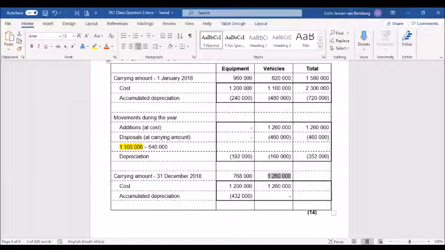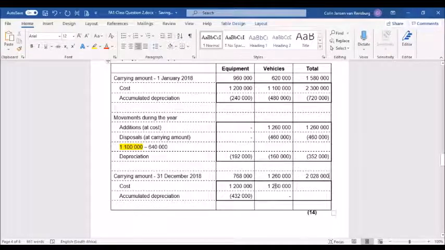So then as a final step to round this off, we must just now go and add them up across. So let's start with the line that contains the carrying amount at the 31st of December 2018. We add the two up across, so that gives us 2,028,000 rands.